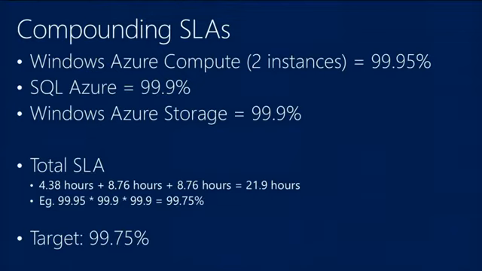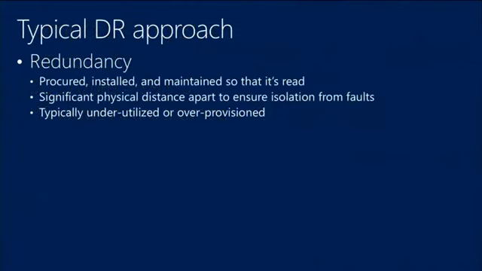The max I can achieve with that is actually 99.75. Am I good enough with that? Does that work for my business? After doing this math, you are going to understand exactly if you need to do redundancy, if you need to do backups and DR, what DR strategy to use.